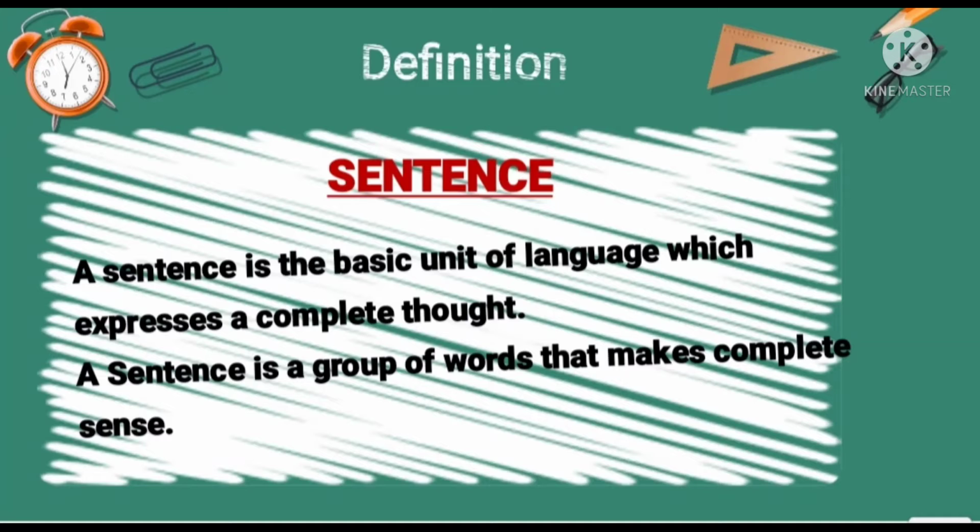That is why it is said that it expresses a complete thought. A sentence is complete when it expresses the complete thought. Also, it must make sense. So I repeat, children, a sentence is a group of words that makes complete sense.